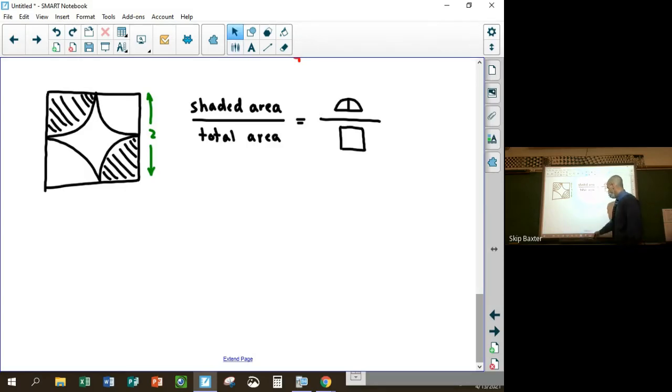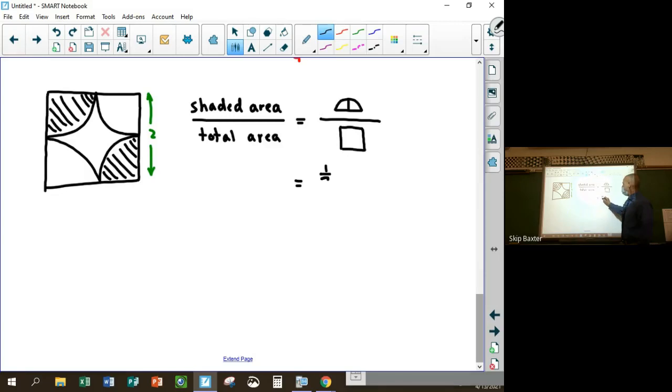The area of a half circle would be 1/2 pi r squared. The area of a square would be the length of a side squared. So this is pi over 2 over 4, which is pi over 8.